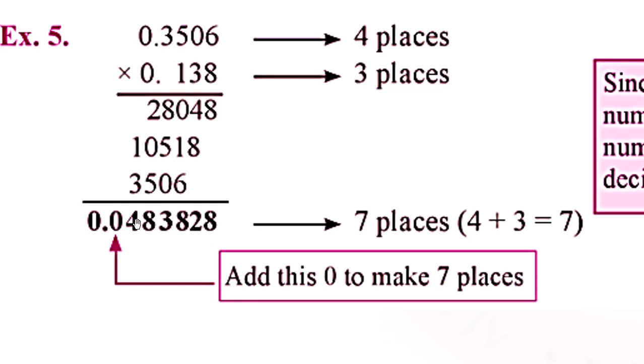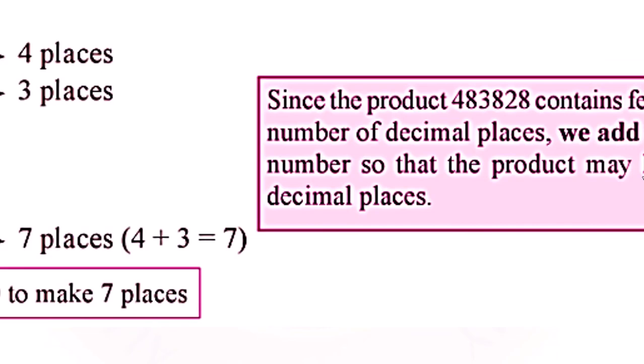We are getting only 6 places. But 4 plus 3, how many places? 7 places. By doing the product we get only 6 places. So at the 7th place we can keep a 0. After 7 places, we can keep a point here. Point here, 0 point. Like this we can write.